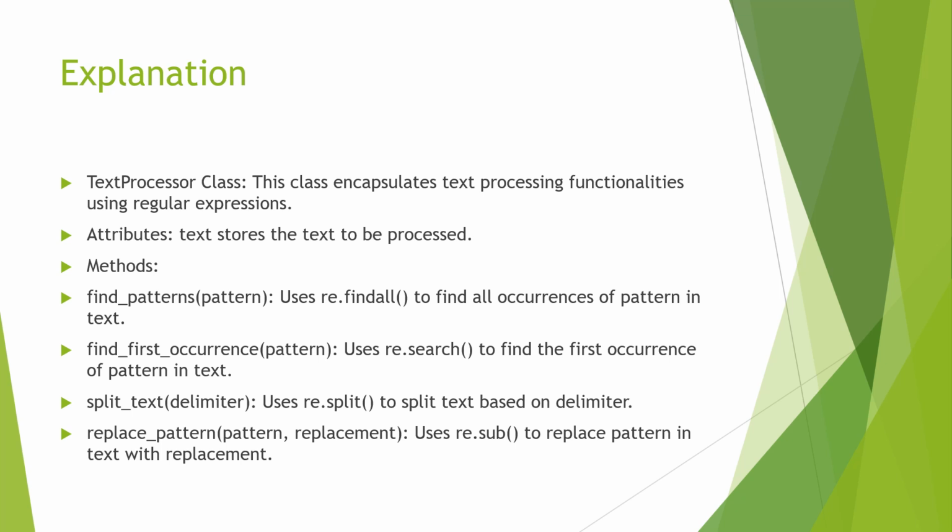Then we have methods: find_pattern to find all occurrences of a pattern in the text, find first occurrence to find the first occurrence of the phone number in the text, split_text to split text into words based on the delimiter, and a replacement function to replace a specified pattern with another text or word. We use the sub function for this.